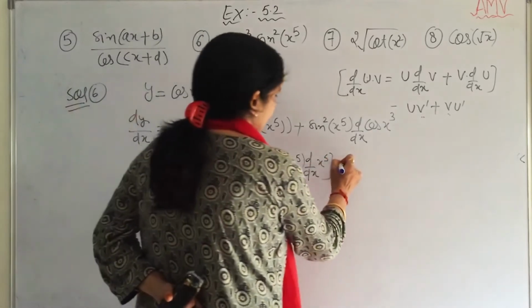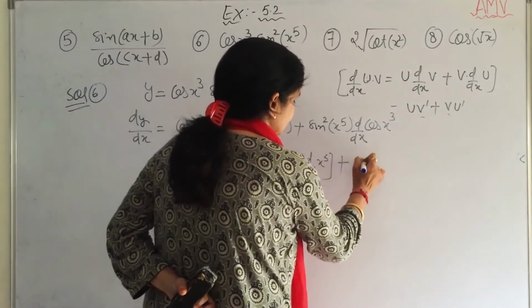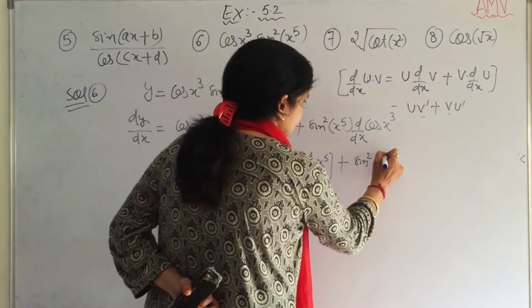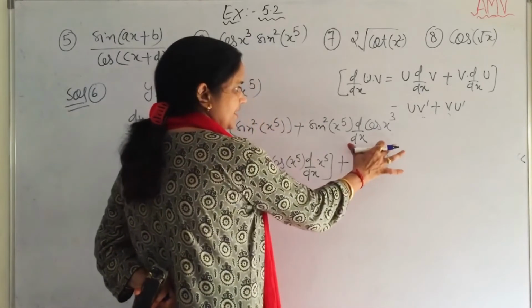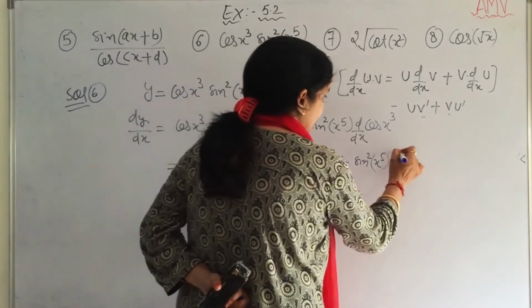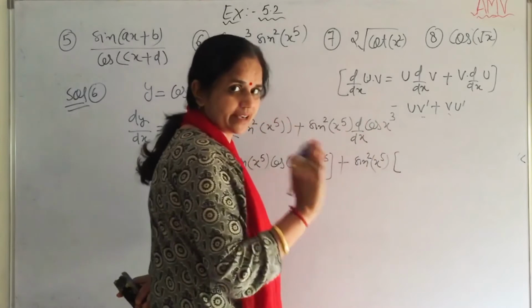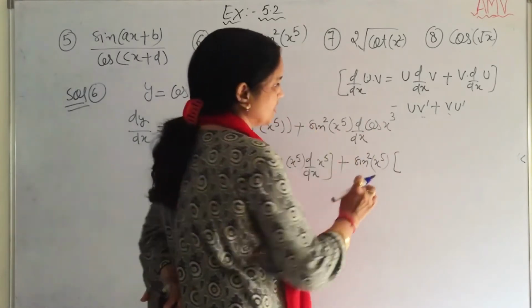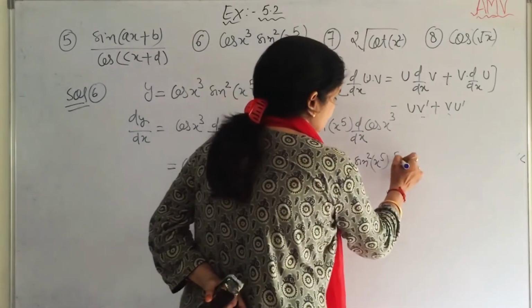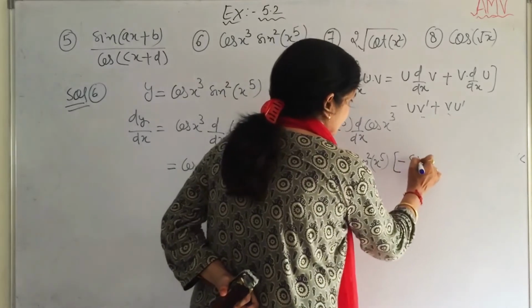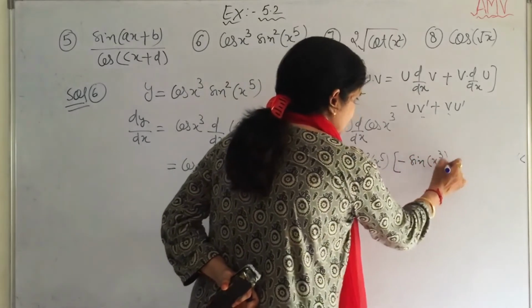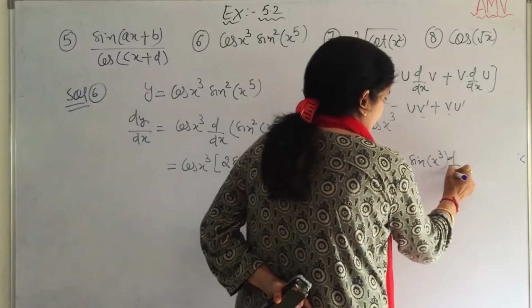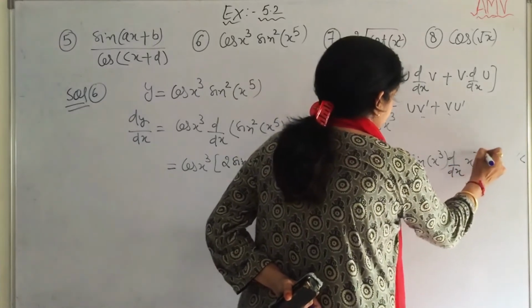Plus sin square x^5 as it is, and here first the derivative of cos x. Here in place of x it is x cube, so the derivative of cos x is minus sin x, and now the derivative of x cube.